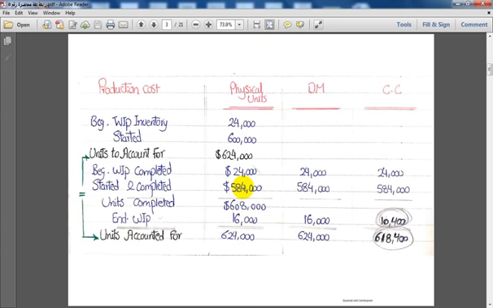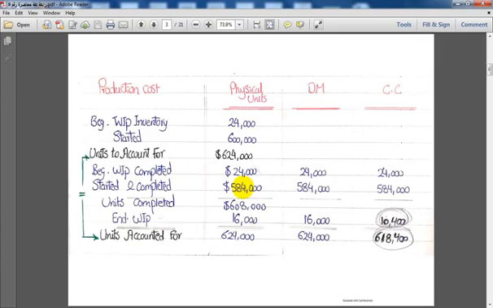So we can combine direct labor plus overhead to get conversion cost. Overhead is applied to each product at the rate of 70% of direct labor cost. So overhead equal direct labor cost times 70%.